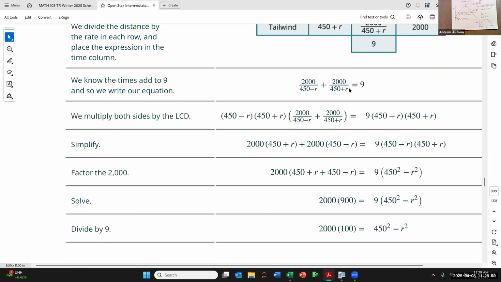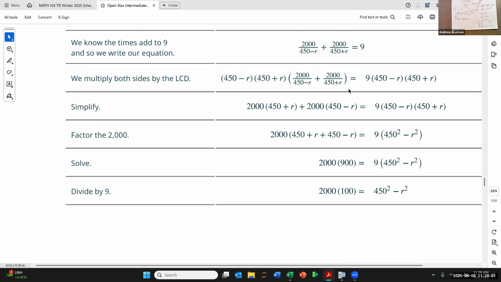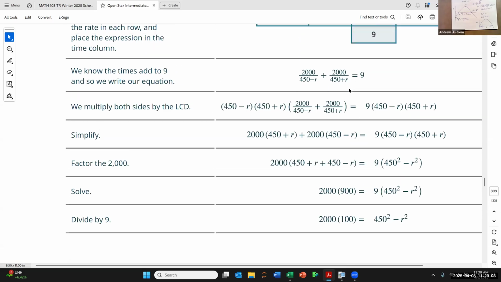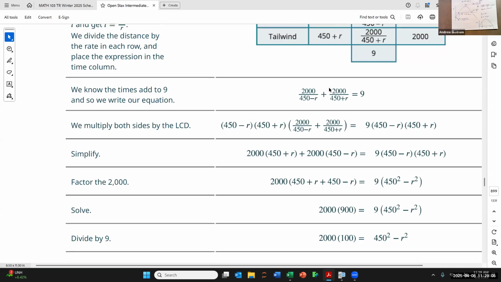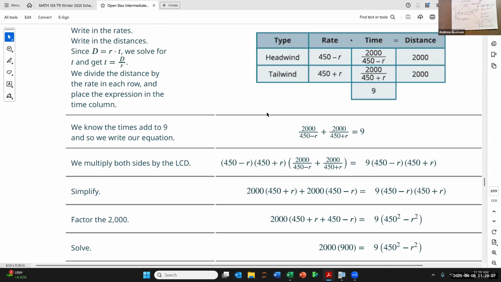When you go through, you can see all the different steps that they have there. What they're actually doing here is they've taken the equation velocity equals distance divided by time, rearranging it to get time equals distance divided by speed.